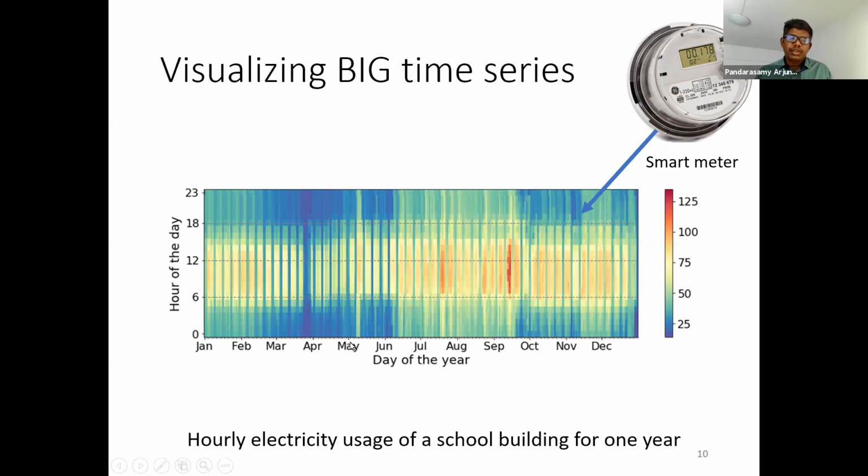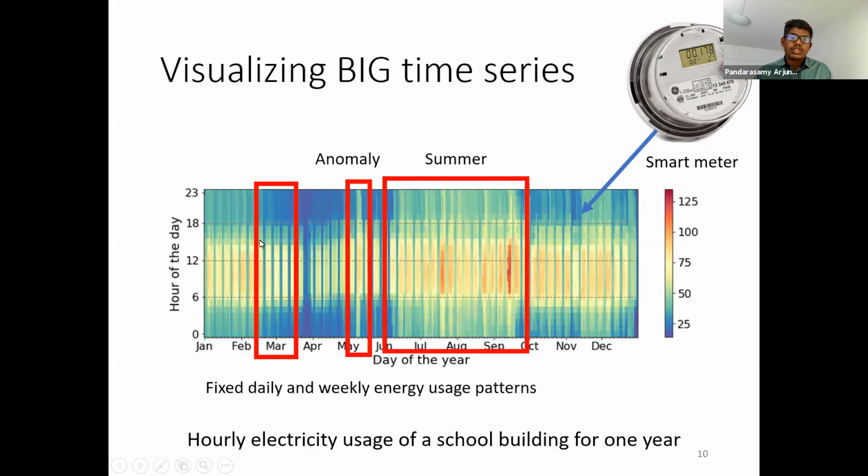So for example, if you take this May, let me show you an example. Here you see the hour of the day from 0 to 23. In the morning there is less energy consumption, and then during the mid time, from 7 o'clock to 6 o'clock in the evening, there is higher consumption, and that is why the color for those cells is yellow or red.